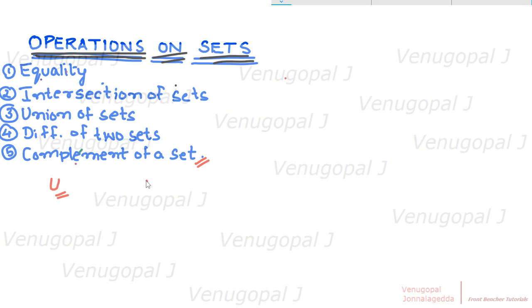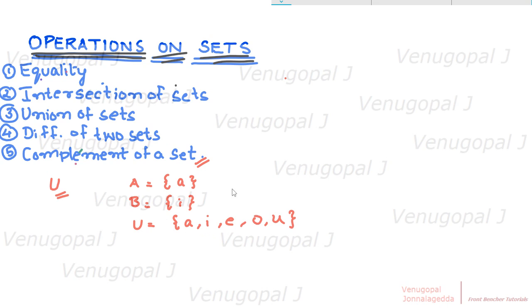If I have a set A, which has a singleton element A, and I have a set B which has another singleton element I, and I have a set by the name U, a set of vowels of the alphabet: A, E, I, O and U.